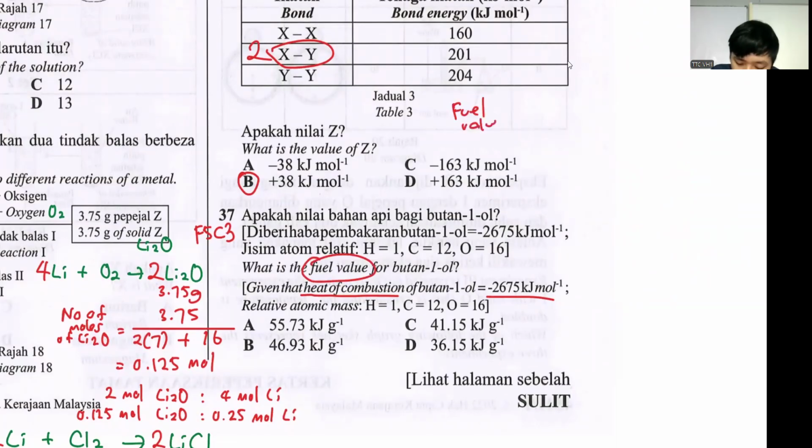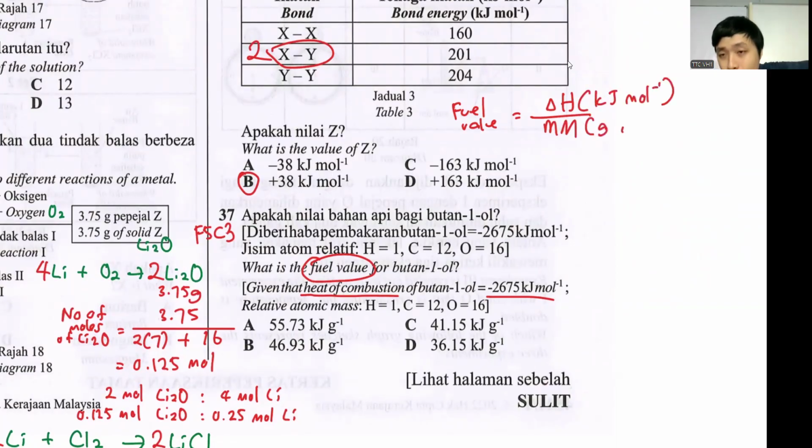Fuel value equals the heat of combustion, delta H, divided by molar mass. The delta H contains kilojoule per mole. Molar mass contains gram per mole. So mole negative 1 cancels off. Then you can get the unit for fuel value is kilojoule per gram.